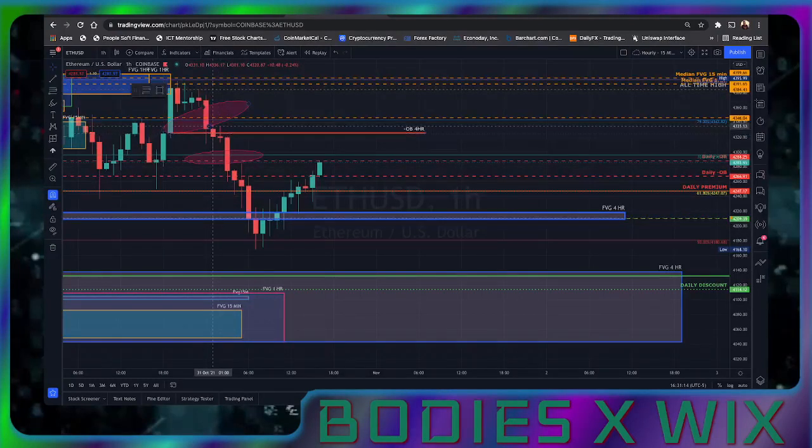And here is one that is interesting to me as well. We have a 4-hour bearish order block. Just above that, we also have a 1-hour fair value gap that has not been crossed into. This, I think, is where price is definitely going to go.